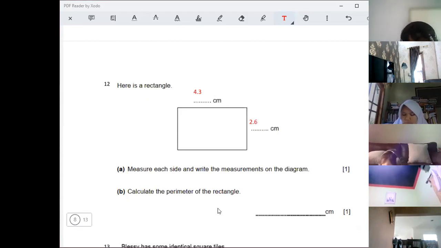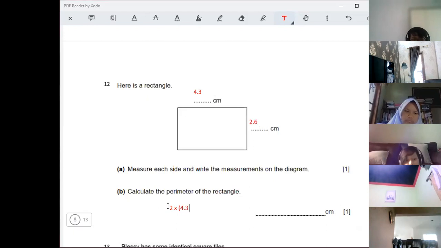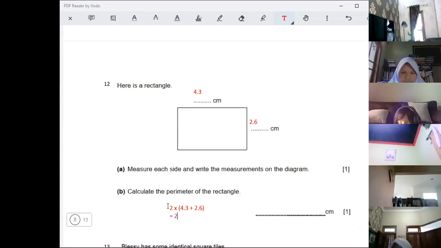Okay, how about the perimeter? How do we do for the perimeter? 2 times 4.3 plus 2.6, or this is the same with 2 times. What is 4.3 plus 2.6?